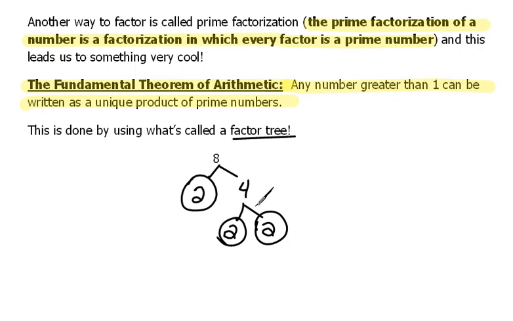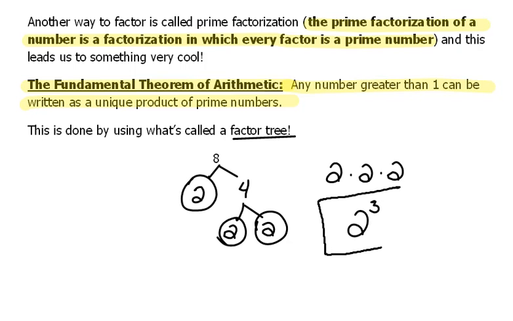So I could say that 2 times 2 times 2 is 8. Or another way of writing that would be 2 to the third power. Because remember, your exponent tells you how many times you're multiplying that base. So 8 can be written as 2 to the third power.